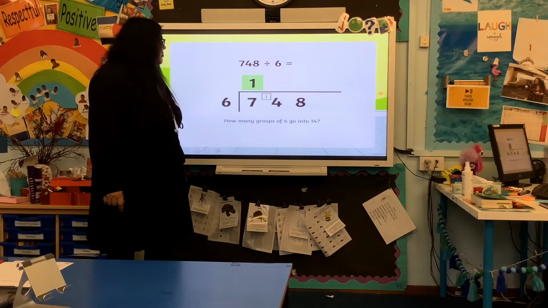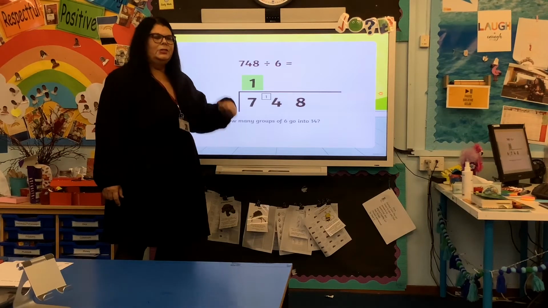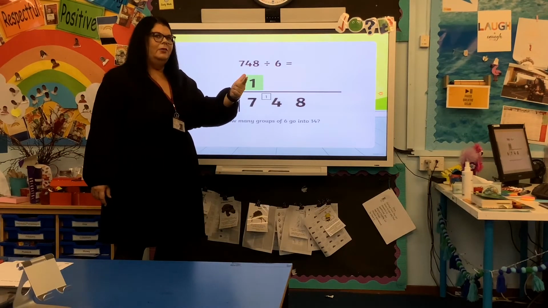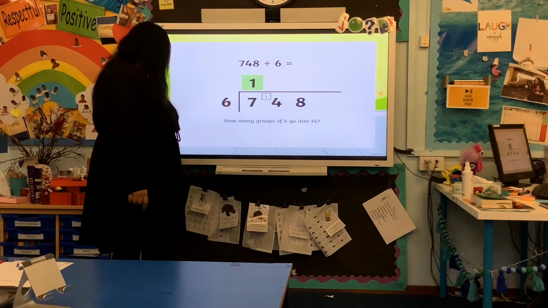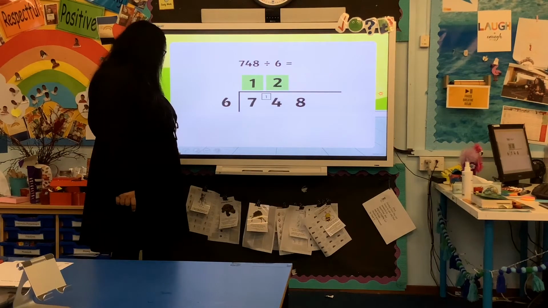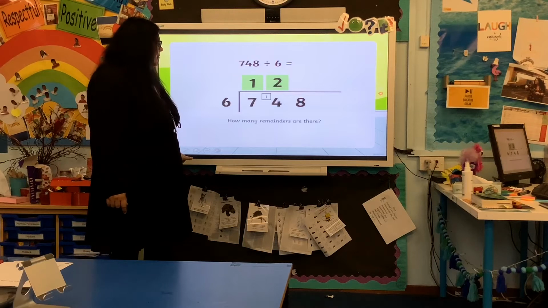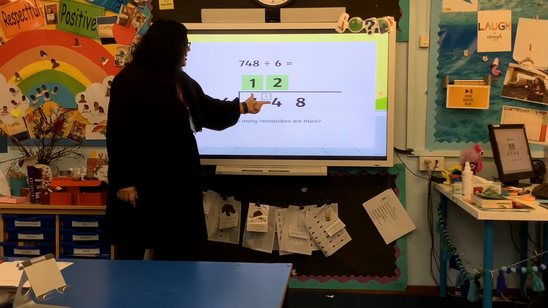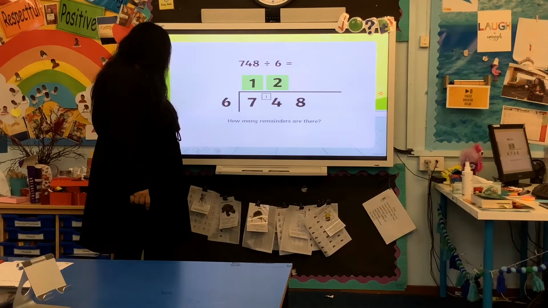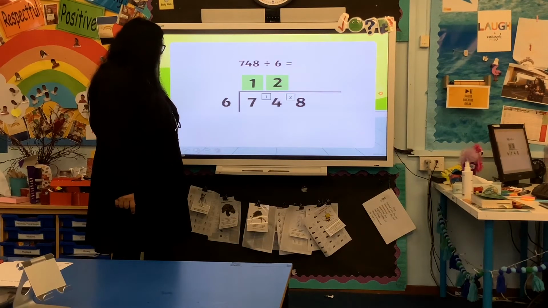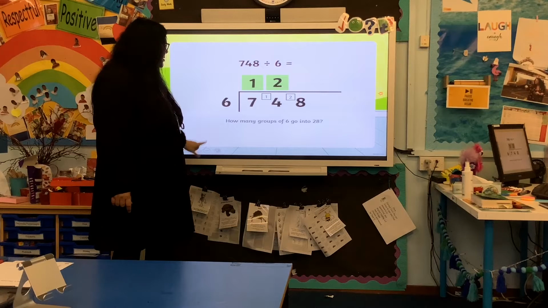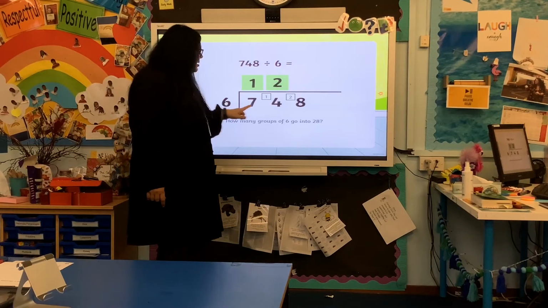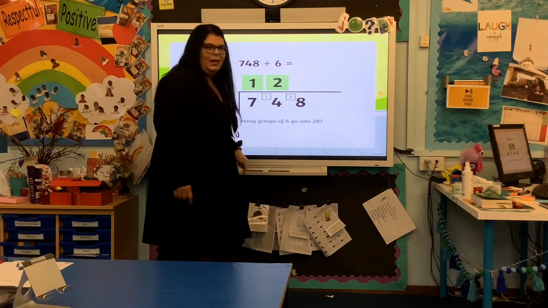So, how many groups of 6 go into 14? So I've got 6, 12. So I've got 2 groups. And then the next question is how many remainders are there? And we got to 12, 13, 14, because that's our number. So I've got 2 remainders. So now our question is, how many groups of 6 go into 28?